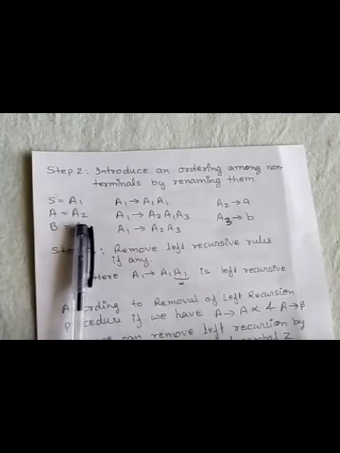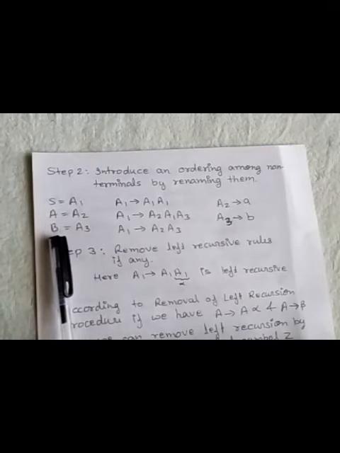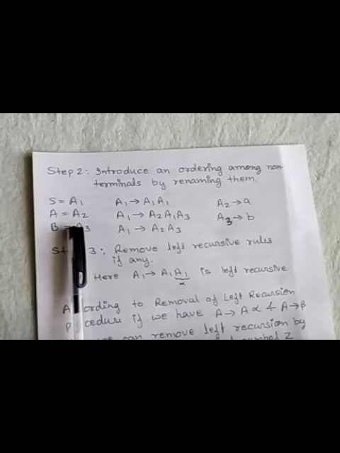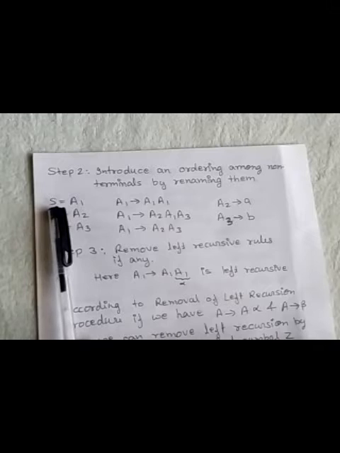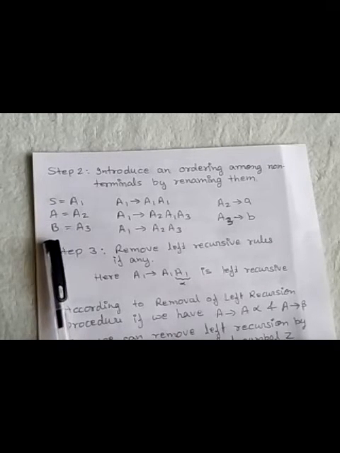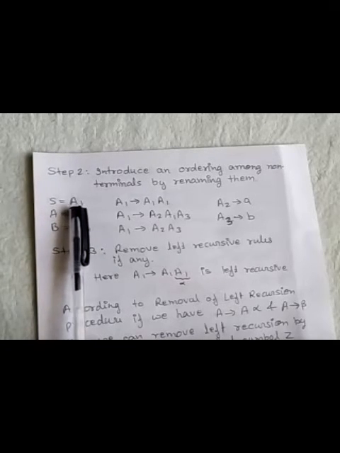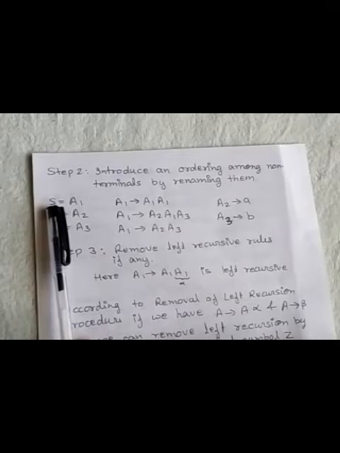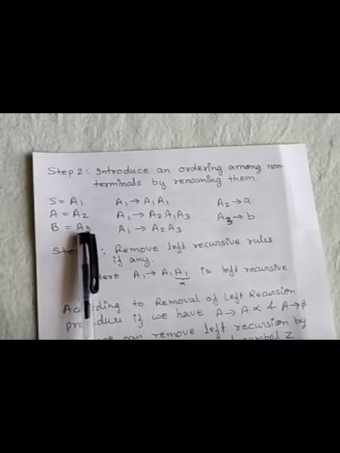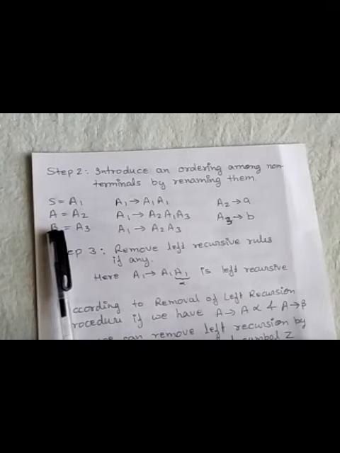So here we have 3 non-terminals, S, A and B. We rename all the non-terminals starting with S, then we have a rule with A, and after that we have rule B. So the name A1 is given to S, A2 is given to A and A3 is given to B. So we have renamed all the non-terminals.